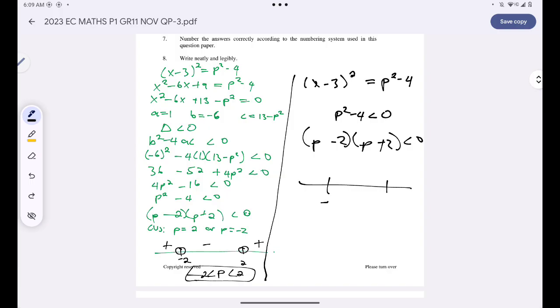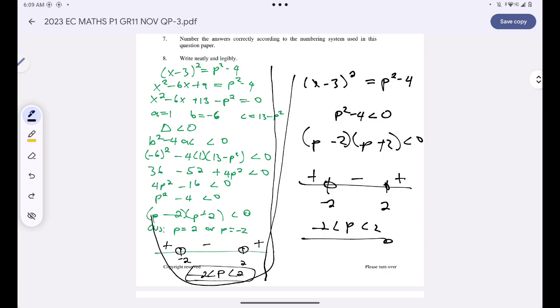Write them on the number line, plus, minus, plus, and then p is between negative 2 and 2. But even if you do it the first way, guys, there's nothing wrong. That one always works, and this one will work in this equation only.